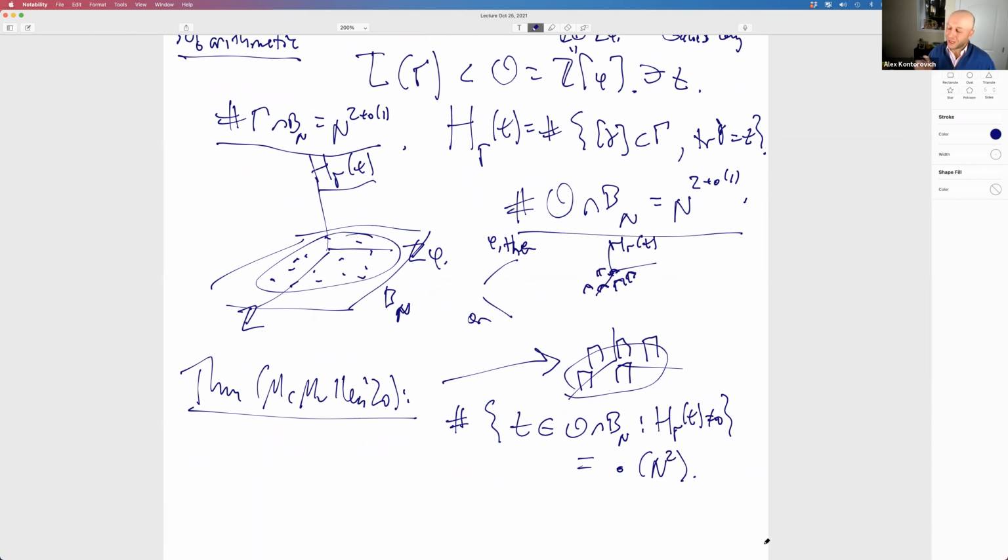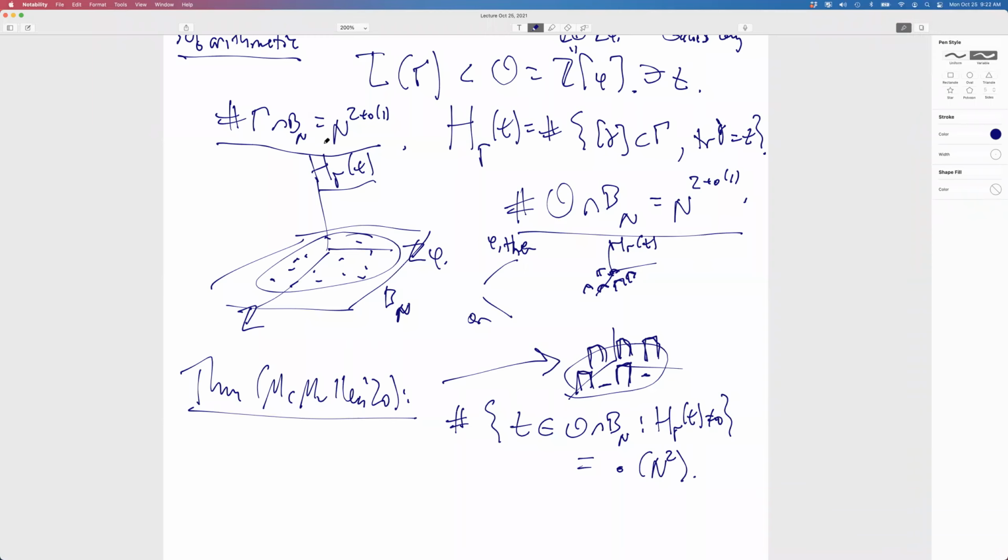So 0% of the traces are represented. 100% of the traces have 0 representation, and then some very few guys must have some growing representation numbers so that the total number of points adds up to n squared.